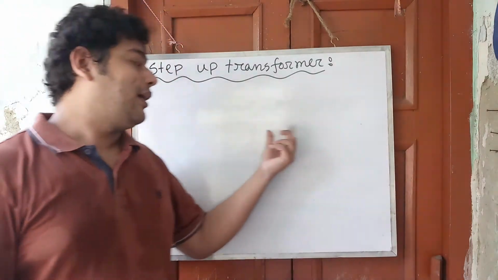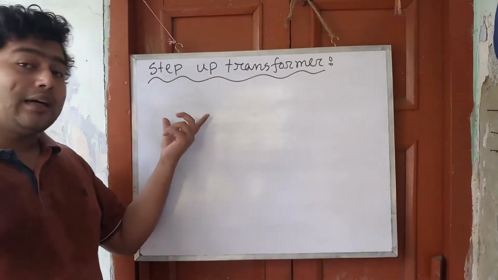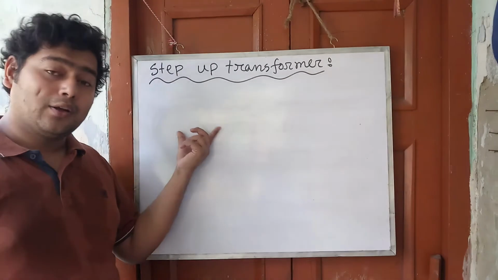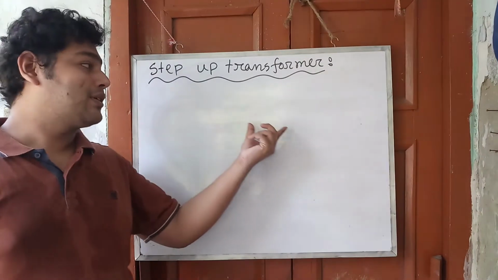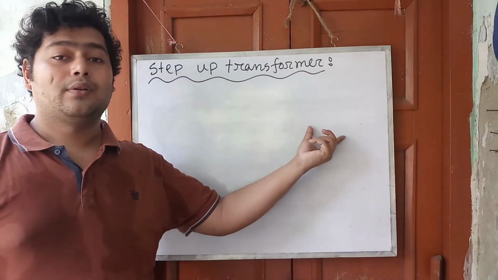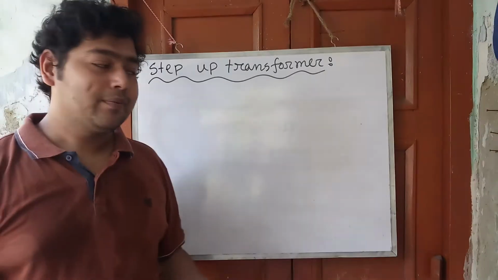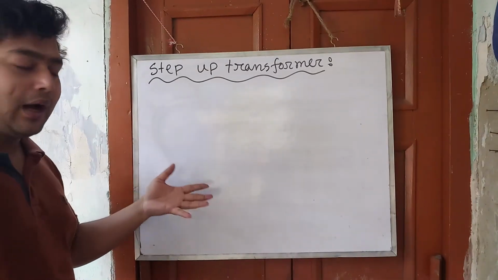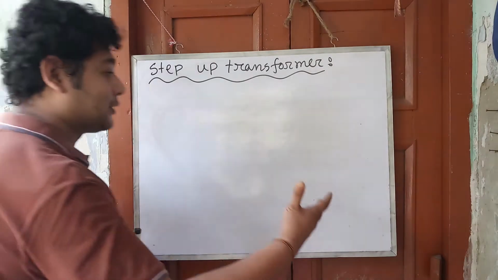And again we get that the lower voltage is converted to high voltage. How does it convert?